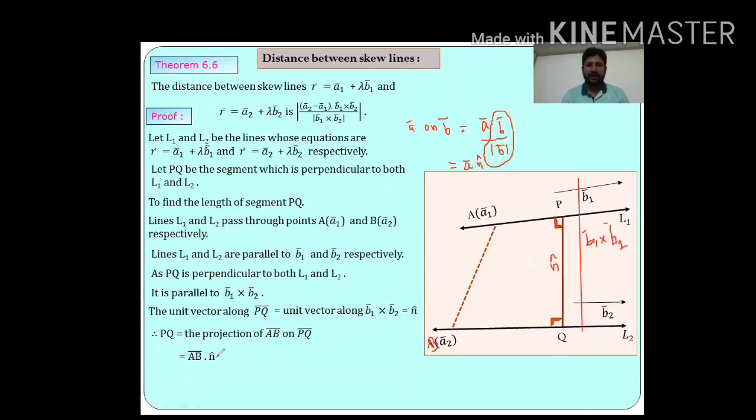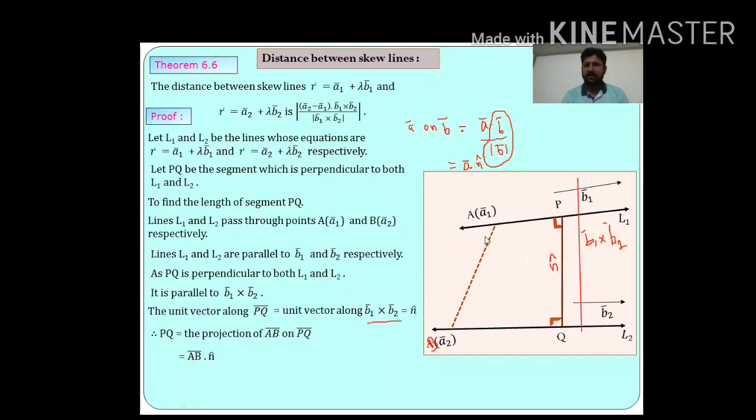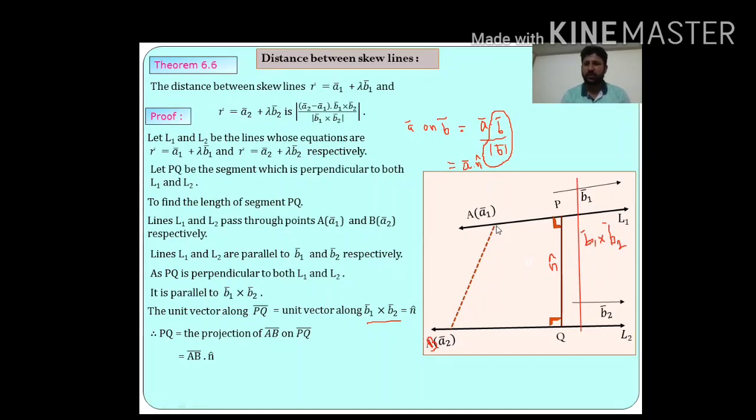So the value for n cap is obtained from this vector, B1 bar cross B2 bar divided by its magnitude, the magnitude of B1 bar cross B2 bar. And vector AB bar is obtained from the position vectors of the corresponding points. So AB bar can be determined as the position vector of B minus the position vector of A, that is A2 bar minus A1 bar.